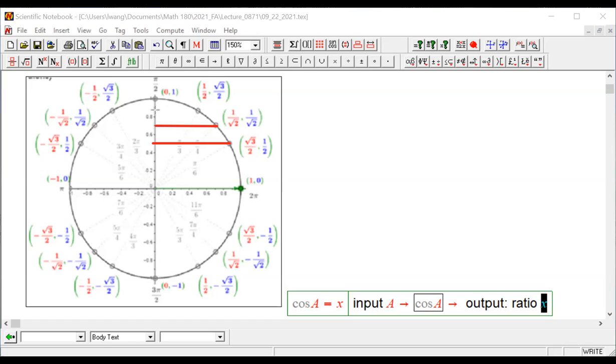It could be confusing. So all of these red lines are the output for cosine.